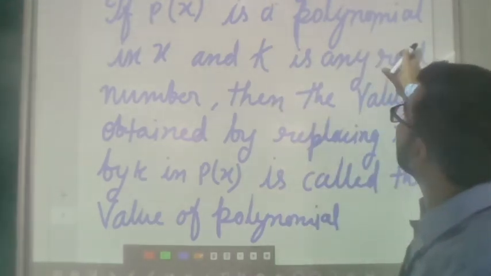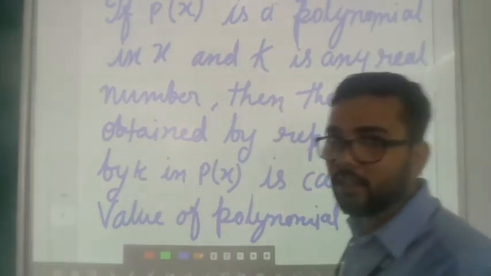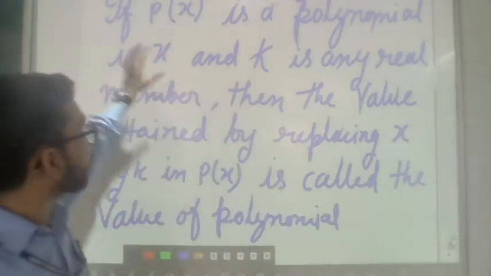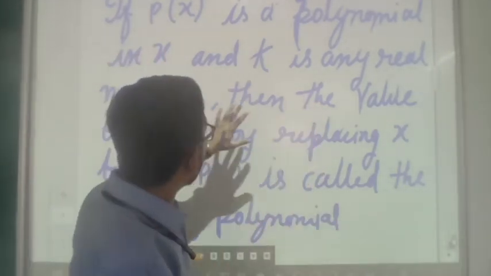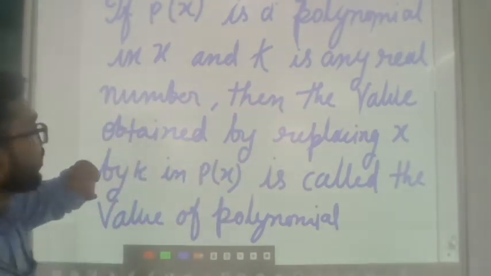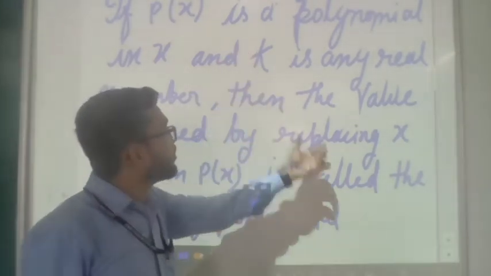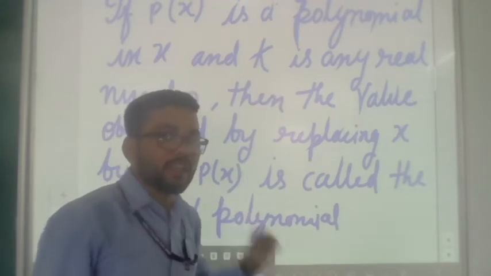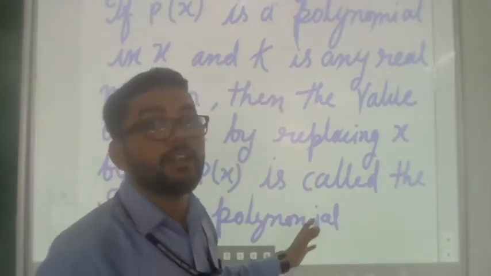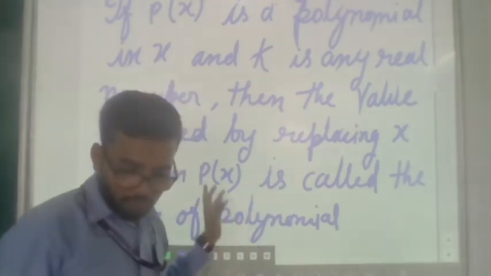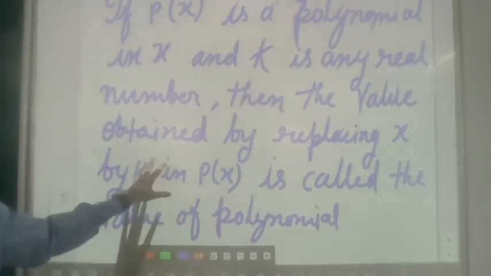If p(x) is a polynomial in variable x and k is any real number, if x is replaced by this real number k, then the value we obtain is called the value of that polynomial.